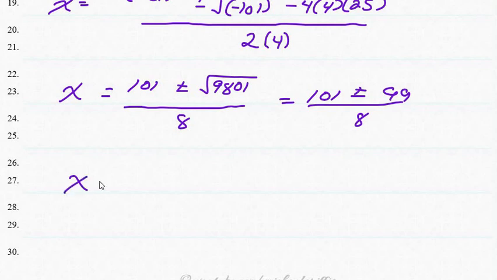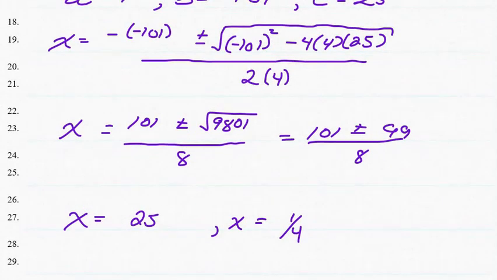Okay, let's go ahead and keep writing. So 101 plus 99 over 8 is 200 over 8. It's 25. And the other one is going to be 101 minus 99 over 8, which is going to reduce down to 1/4. Okay.